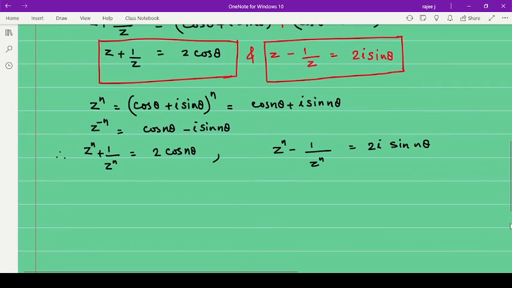Using this we will solve some problems. Suppose we have to find z cube plus 1 by z cube. This is 2 cos 3 theta. Like this, we will do applications in some of the problems, so for that purpose you need to learn this generalized form.